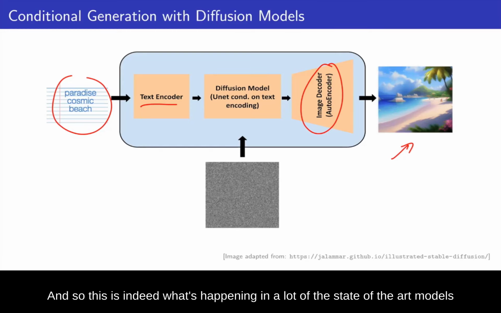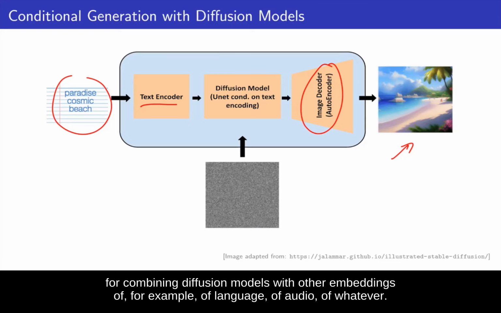And this is indeed what's happening in a lot of the state-of-the-art models for combining diffusion models with other embeddings of, for example, language, audio, or whatever.